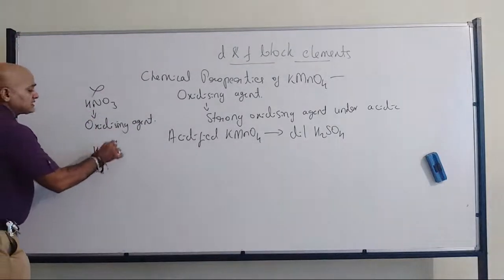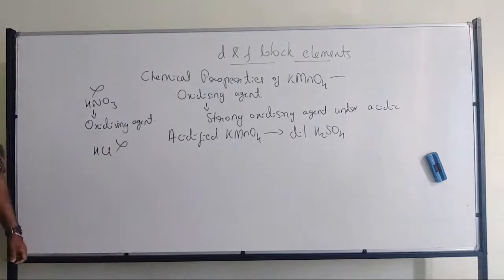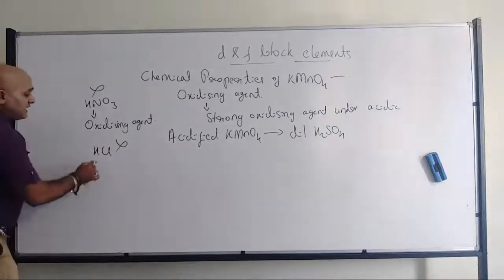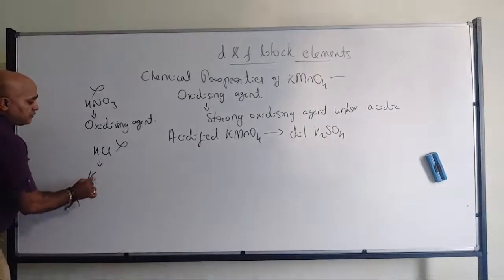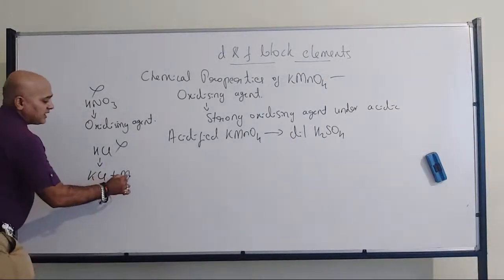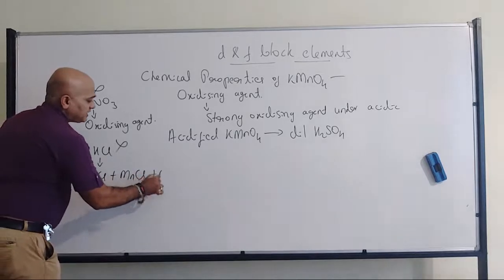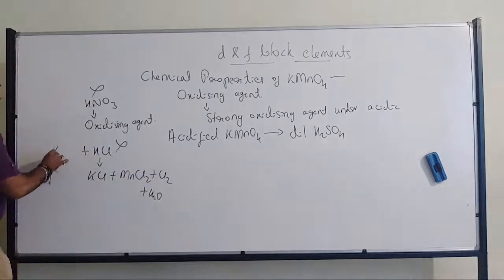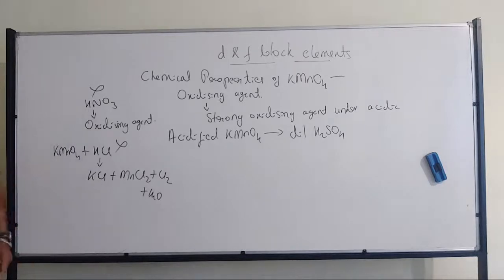Why not HCl? Because if I take HCl, it's going to form KCl, manganese chloride and chlorine gas plus water with KMnO4. That means HCl itself is going to react with the KMnO4.